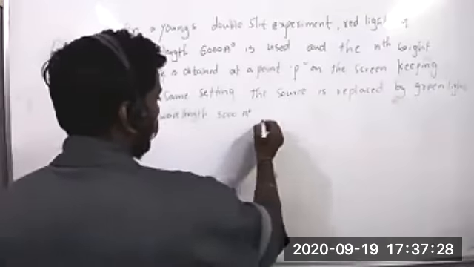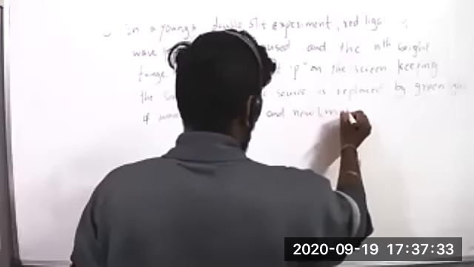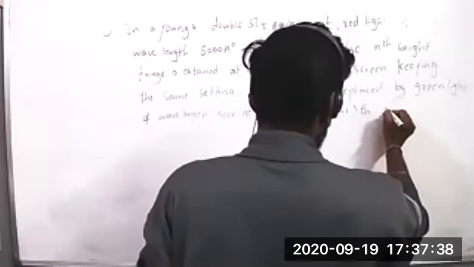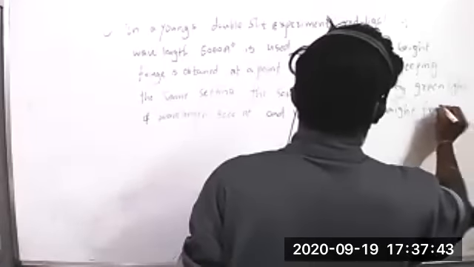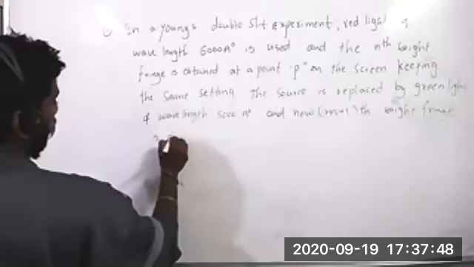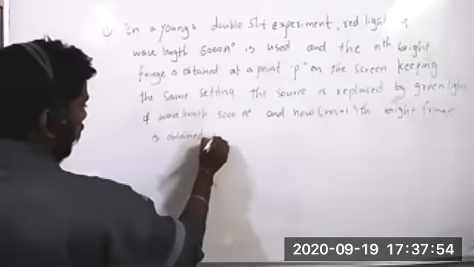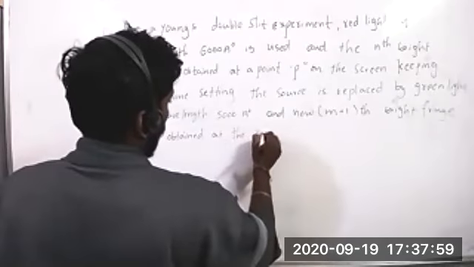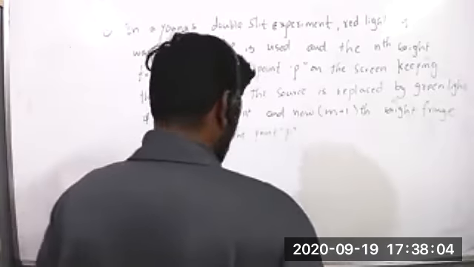And now m plus 1th bright fringe is obtained at the point P. Calculate the value of m.